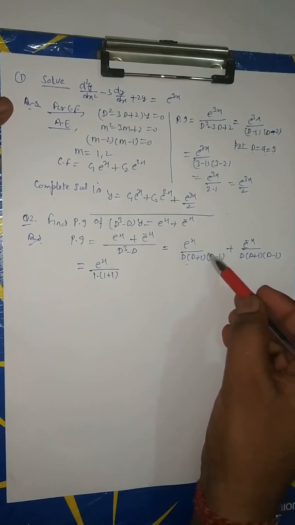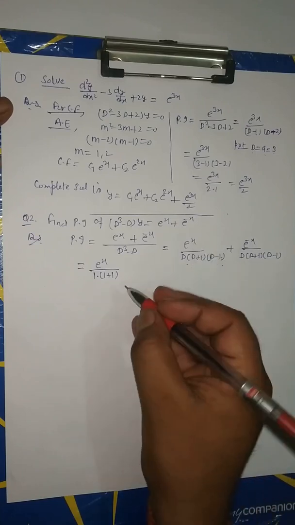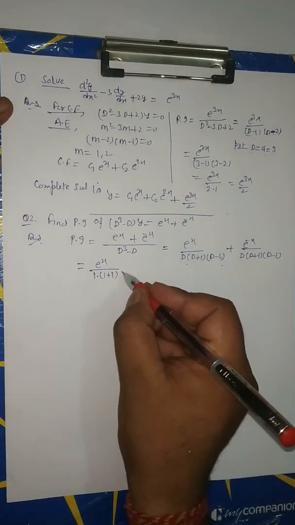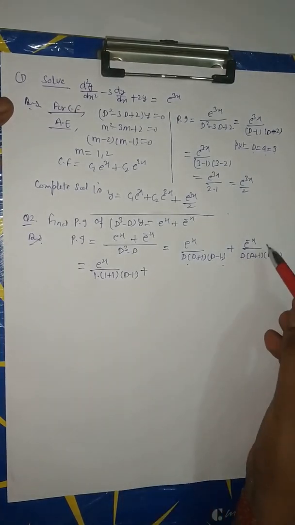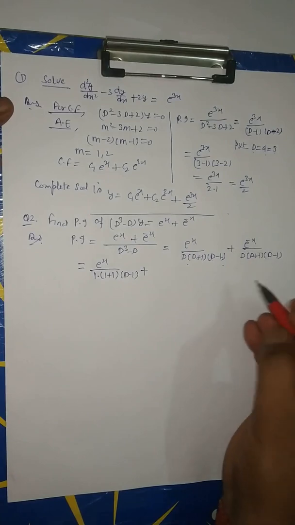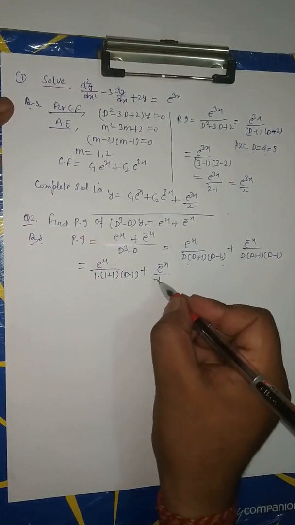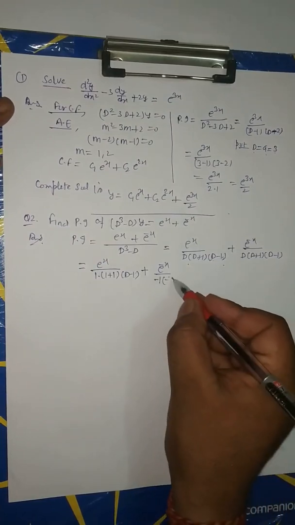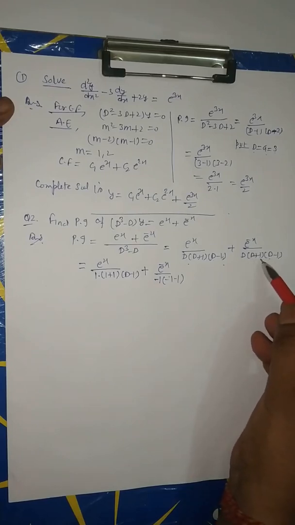So except this factor, we put D equal to a. Now keep D minus 1 as it is, plus here in the second term, by putting D equal to a, where a is equal to minus 1, e to the power minus x upon D(D minus 1)... Put D equal to minus 1 here, we get 0.